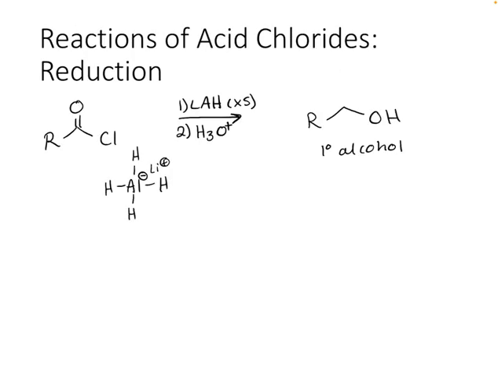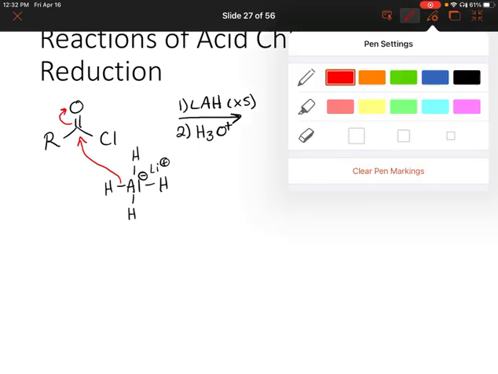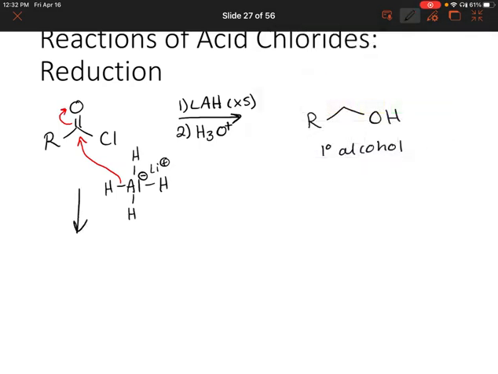One of the hydride atoms is going to use its electrons and attack the carbonyl carbon, which will move electrons up to oxygen. So now we've got our negatively charged oxygen, our alkyl group, a hydrogen, and a chlorine bonded to that central carbon.